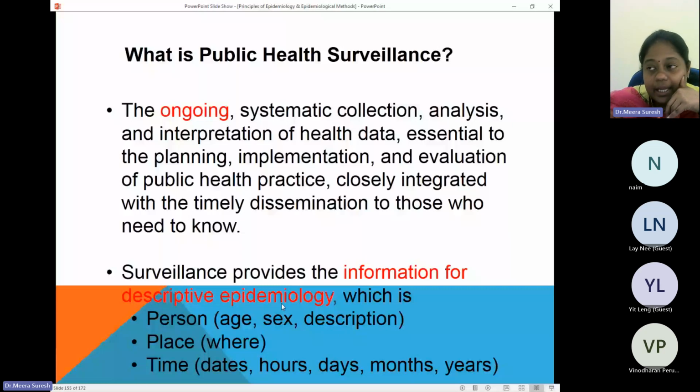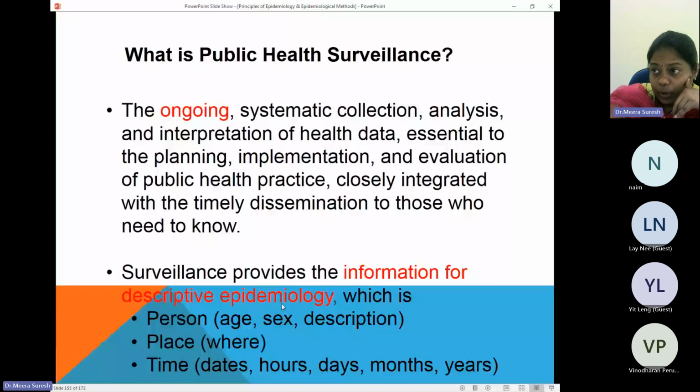We are giving the descriptive, and only when it goes towards the statistical analysis, it becomes the analytical epidemiology. So while we do surveillance, we are just collecting the data based on these three subheadings: person, place, and time. So what we are ultimately having is a descriptive epidemiology.